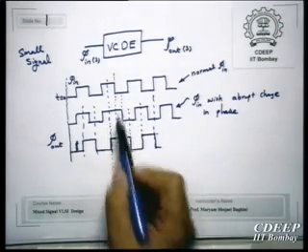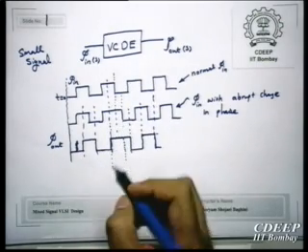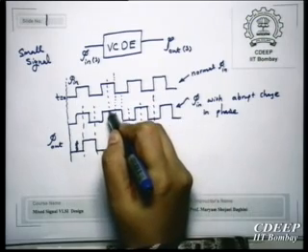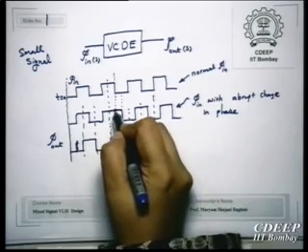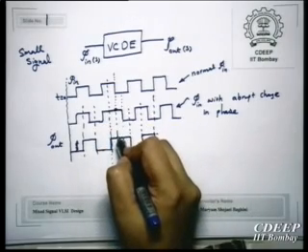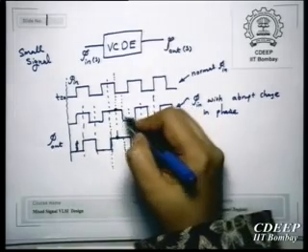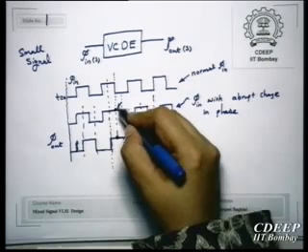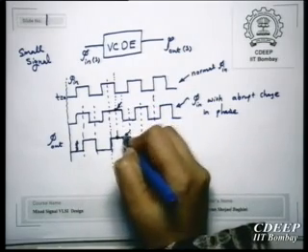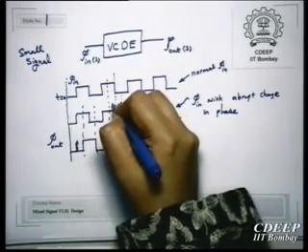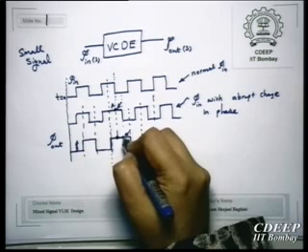Here the phase has changed. But in fact, the phase has changed here. The effect of this change at this point appears here, right? So if this is point A, the corresponding point will be here.